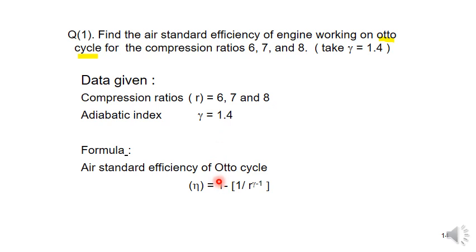Simply substitute: 1 minus 1 divided by 6 power 1.4 minus 1. 1.4 minus 1 is 0.4. So 1 divided by 6 power 0.4 gives one answer. Whatever answer you get, subtract from 1: 1 minus 1 divided by 6 power 0.4.